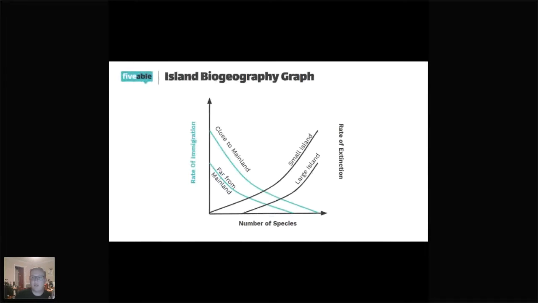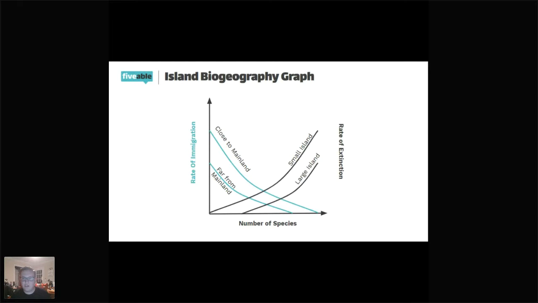And then this is the rate of extinction, which is small versus large. So what two characteristics, what two curves here make the most number of species, which the number of species is found on the y-axis.